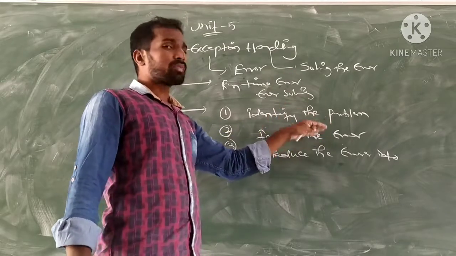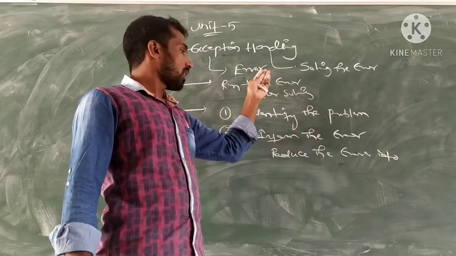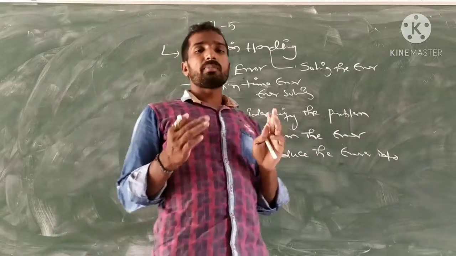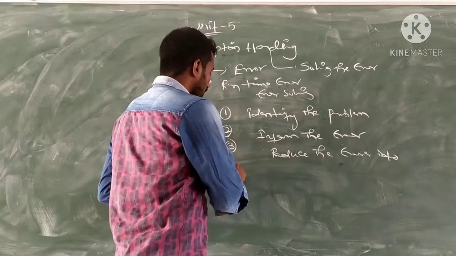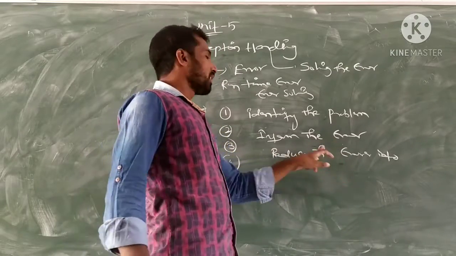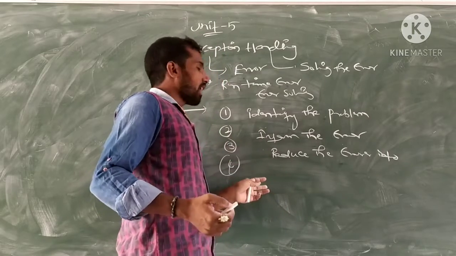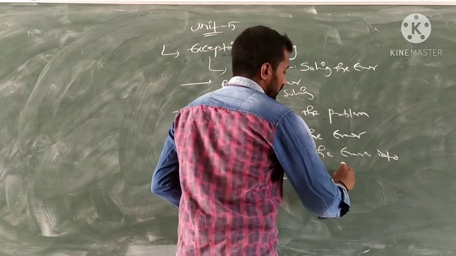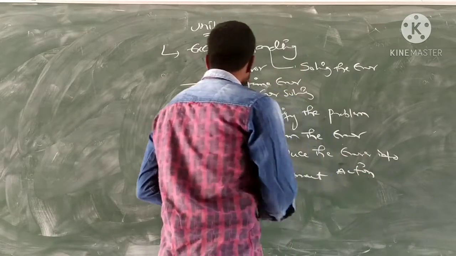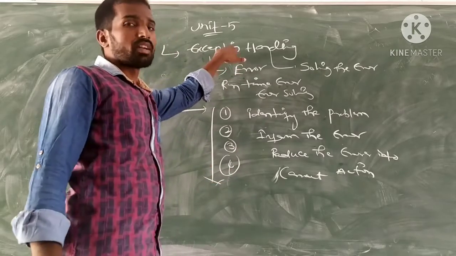The third step is that the interpreter or compiler reduces the error information. After that, the programmer or user takes the necessary corrective action. These are the four steps to apply exception handling.